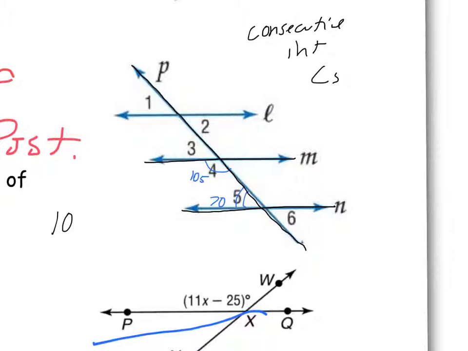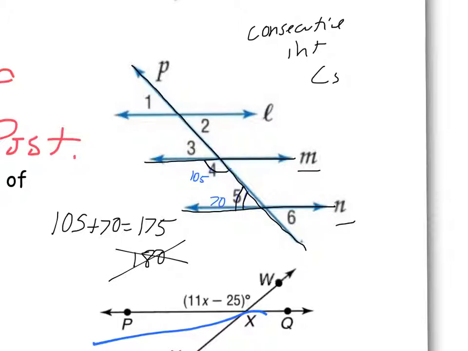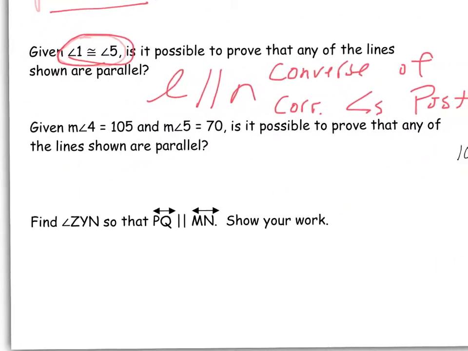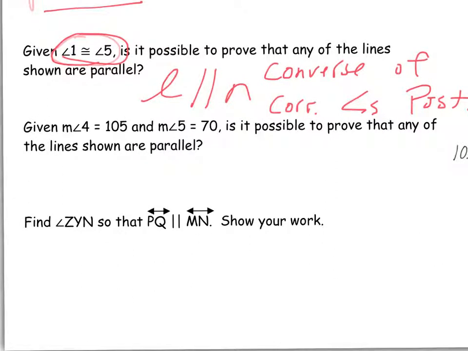Well, let's see. 105 plus 70 equals 175. That is not 180 degrees. That means since 4 and 5 are not supplementary, then M and N are not parallel. So the question, is it possible to prove that any of the lines are parallel? The answer would be no, impossible.